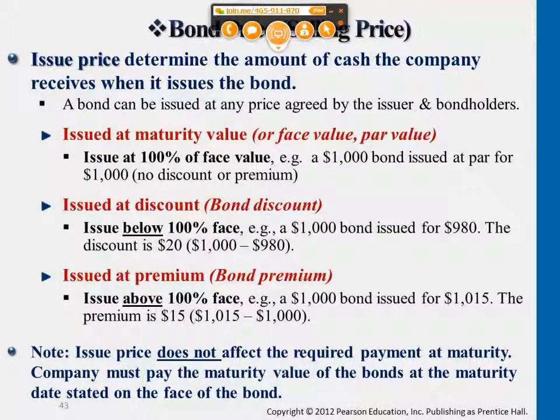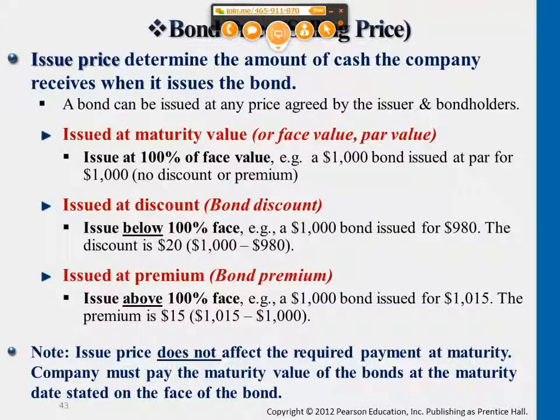Sometimes a company will be issuing the bond at a discount. This usually happens if the interest rate that a company is willing to offer to the market is not as attractive, lower than the market's interest rate, the anticipated market interest rate. So in this case, if the face value is 1,000, even though the company is issuing this bond, they may not be able to get cash that's worth 1,000. It may be something like 980.